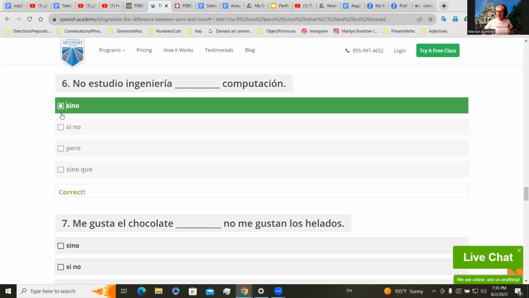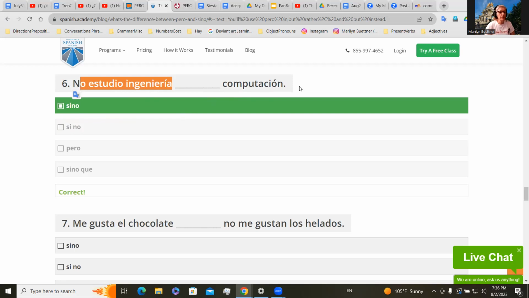Yeah, you're giving an alternative. I'm saying up front, oh, that idea you had about engineering? No. But I'm going to correct you and tell you what it is instead. And I plug in just this one idea, computación, computer science. Yeah. I'm not studying engineering, but rather computer science.